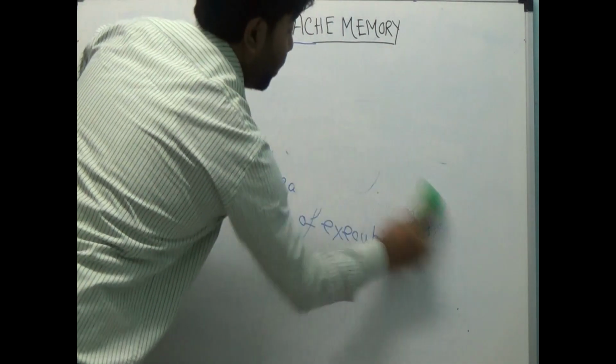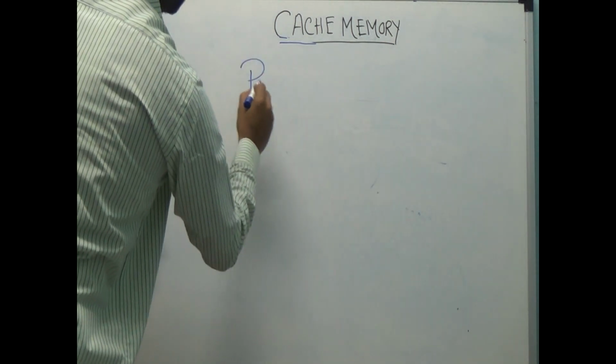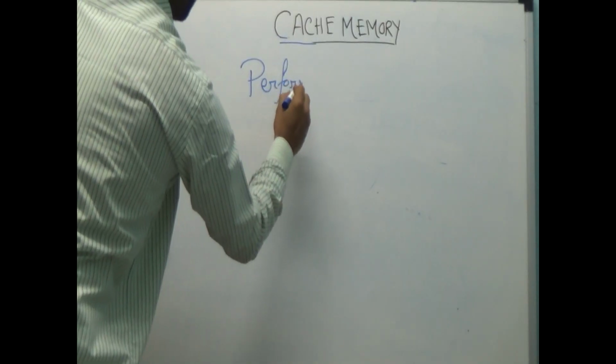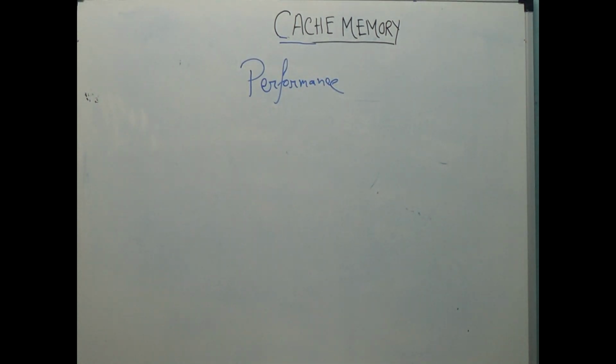The next topic will be performance of a cache memory. It is measured in terms of hit ratio, which is equal to number of hits divided by number of hits plus number of misses.